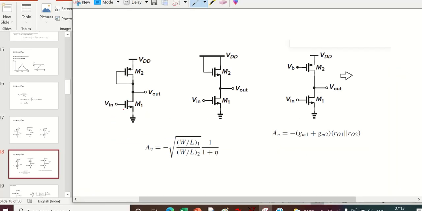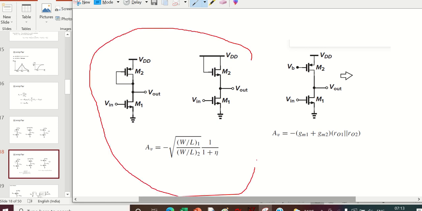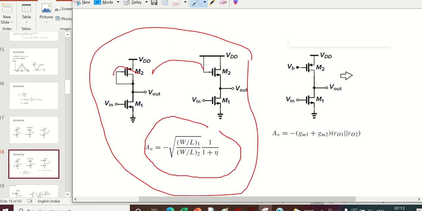So for a simple basic common source amplifier with resistor load, AV is equal to minus gm into RD, whereas in case of diode connected MOSFET, it will be this. For these two MOSFET amplifiers, AV is now given by the square root of (W by L of 1) by (W by L of 2), into 1 by (1 plus eta). Okay, so what is this 1 by (1 plus eta)?